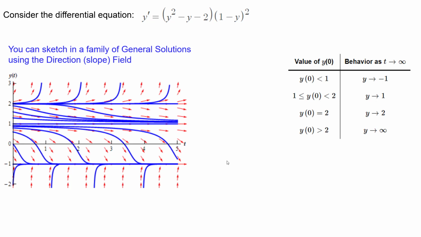They either attract other solutions to themselves, like in the case of -1, where things to the left and things below and above -1 are attracted to -1 eventually. Or they repel them, like 2, which repels the solutions in both directions.